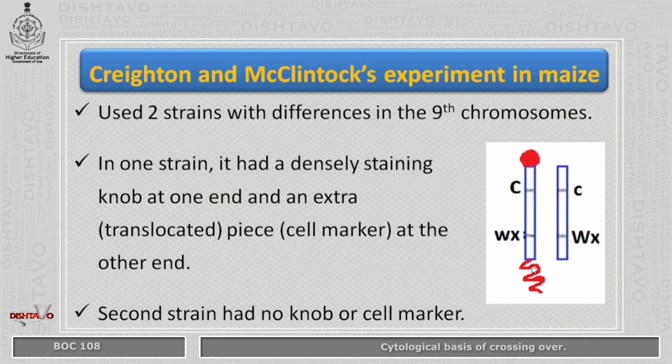Let us call it the cell marker. Because of this, the 9th chromosome appeared longer and it could be identified cytologically, under the microscope. The second strain had no knob and no cell marker.